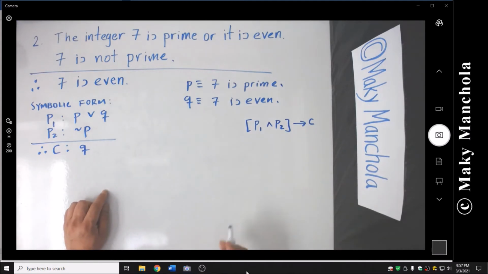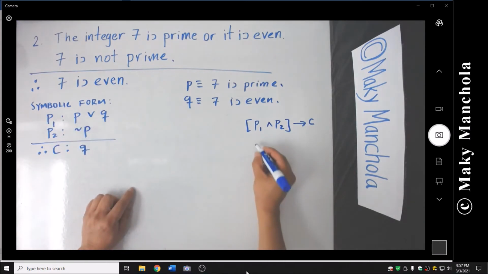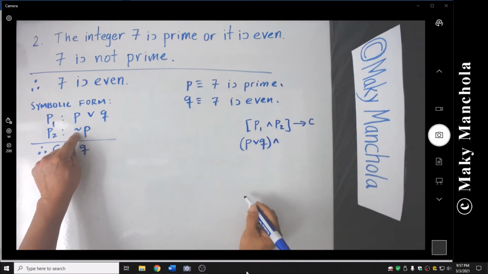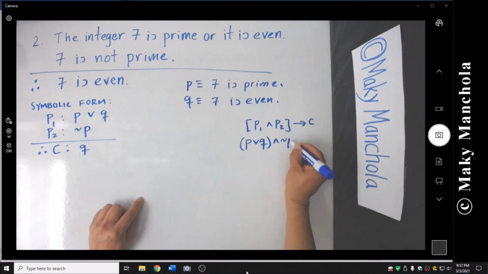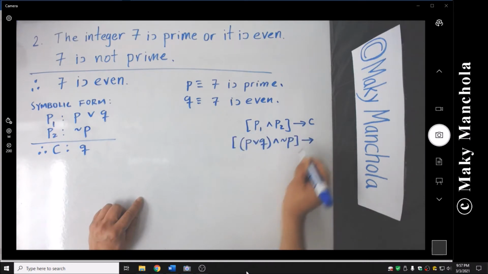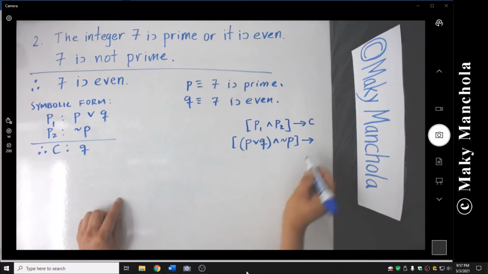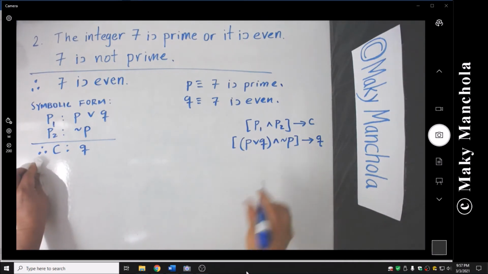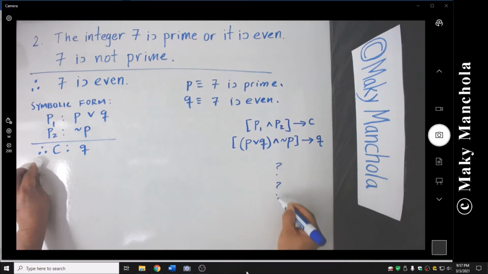So premise 1 is P or Q. And premise 2 is negation P. That implies conclusion, which is Q. Okay, so now we need to find out the truth values of that conjunction of premises implies conclusion.